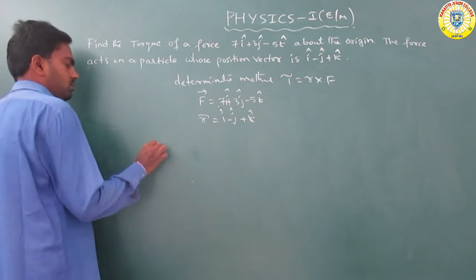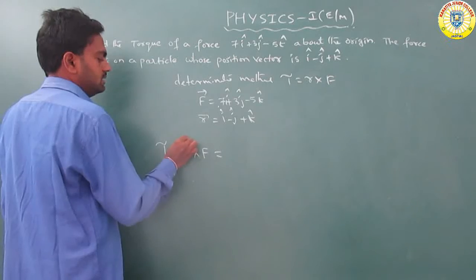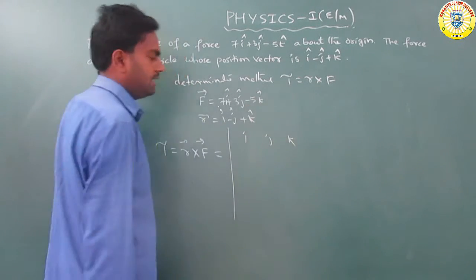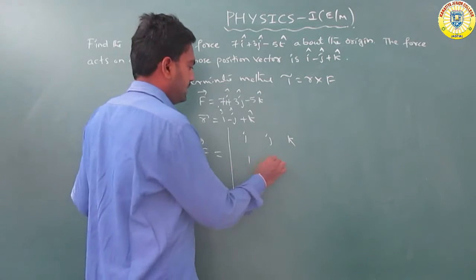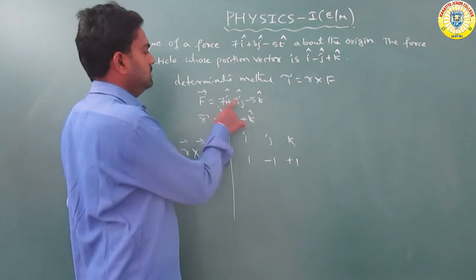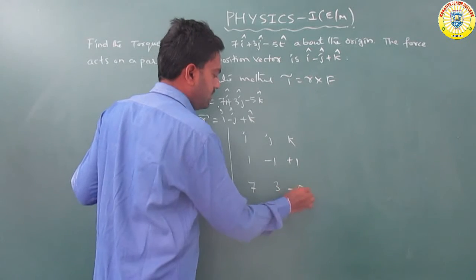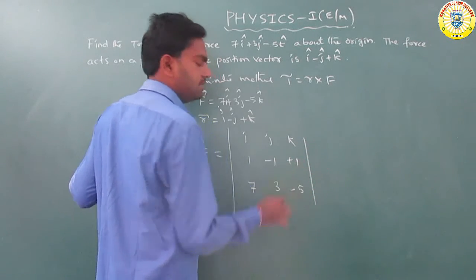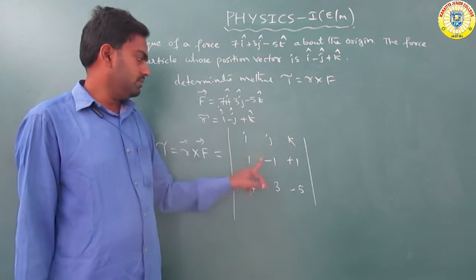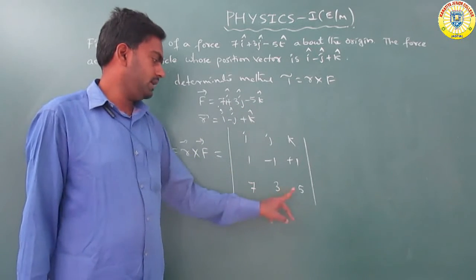So tau is equal to R cross F, that is the determinant with rows i j k, 1 minus 1 1, and 7 3 minus 5.